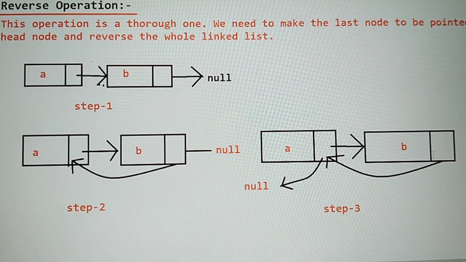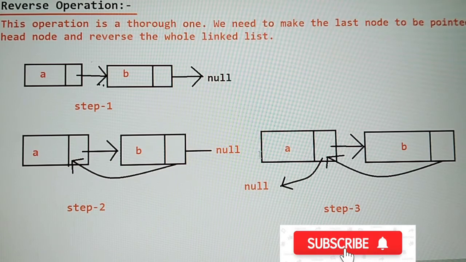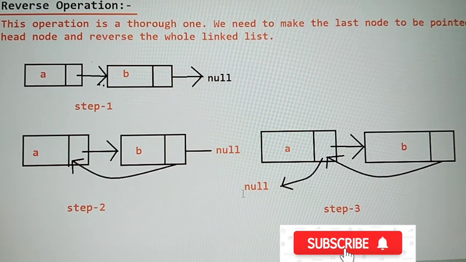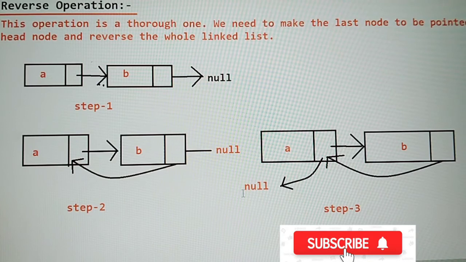And in step 3 you can see that here it is a null pointer, and here also a null pointer. But in step 3 the B position also points to A, and now A's location points to the null pointer. So that is all about the reverse operation.